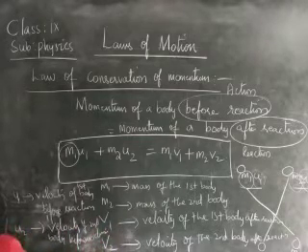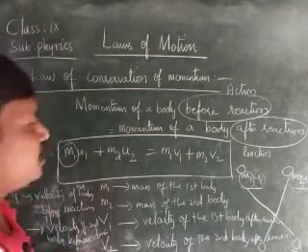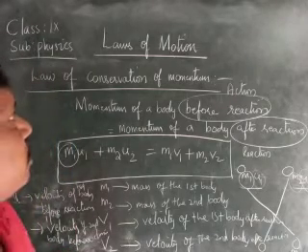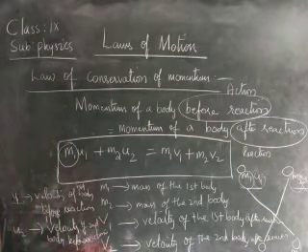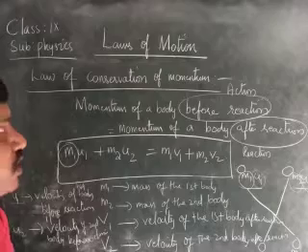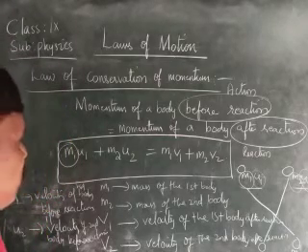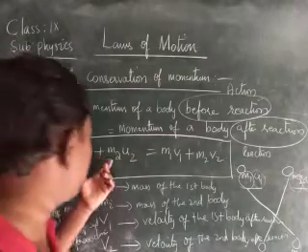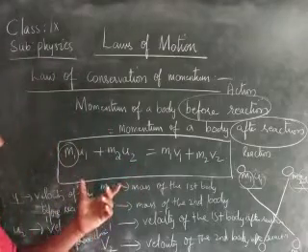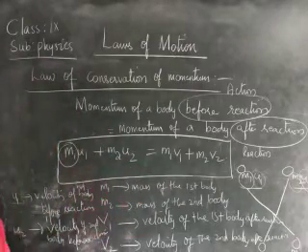Children, this is the equation related to the law of conservation of momentum. The law says that the momentum of a body before reaction is equal to the momentum of a body after the reaction, that is m1u1 plus m2u2 is equal to m1v1 plus m2v2.